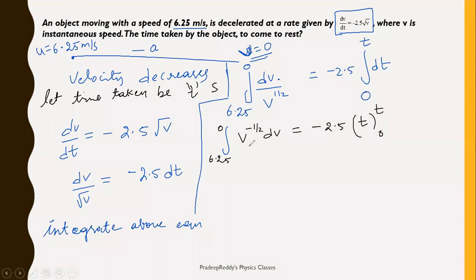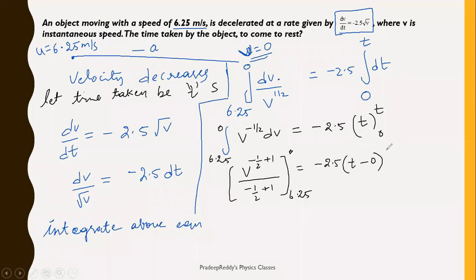Now this is an expression in terms of x power n dx, which will be written as v power minus 1 by 2 plus 1 divided by minus 1 by 2 plus 1, limits between 6.25 to 0, is equal to minus 2.5 into t minus 0.